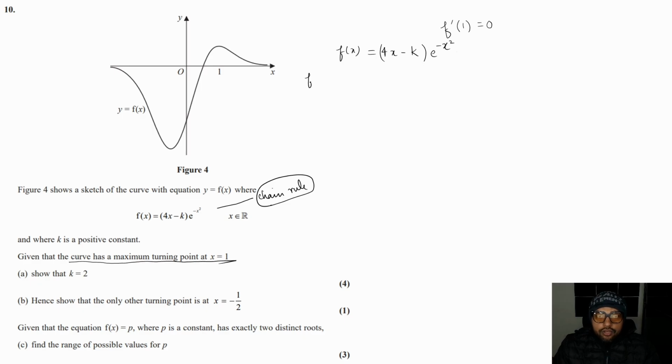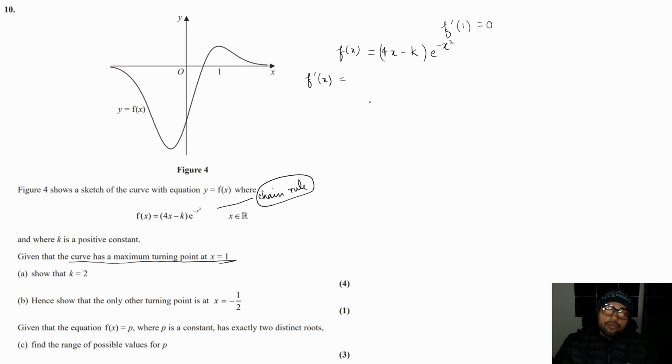We need to first find the derivative of f(x). So we are following the chain rule here: the first part times the differentiation of the second part plus the differentiation of the first part times the second part.